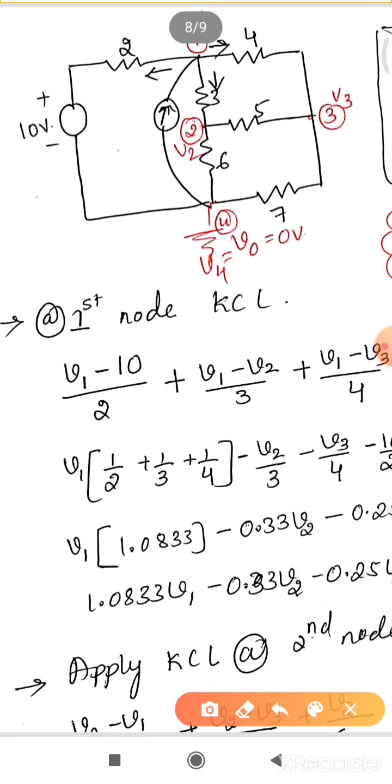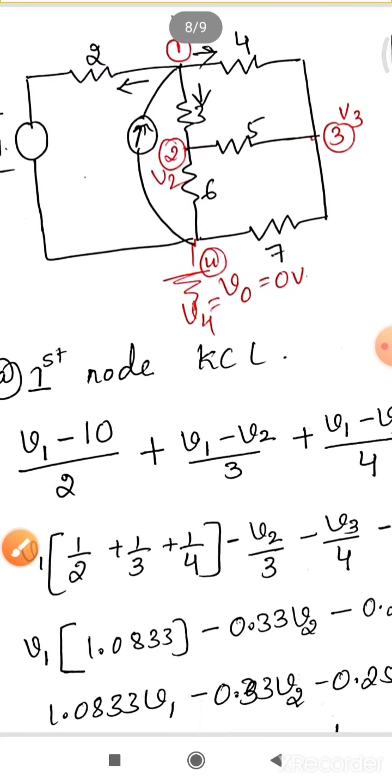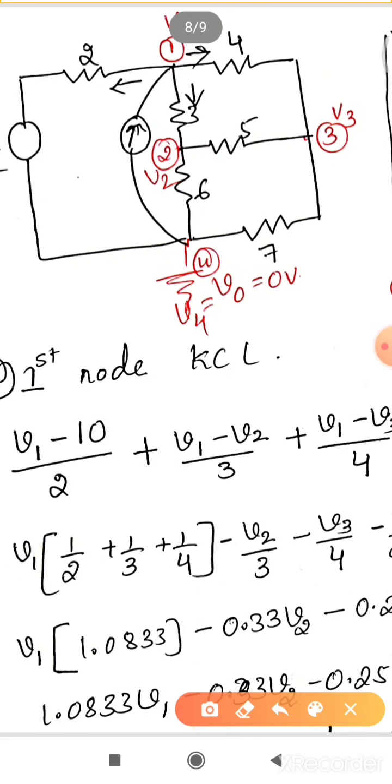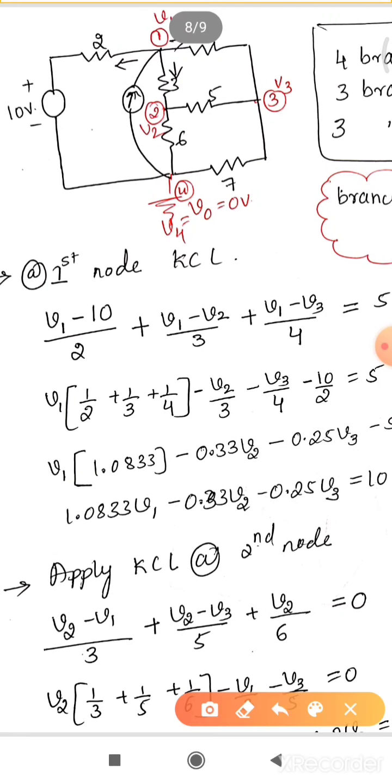Next, we'll apply KCL. Once you start applying KCL, as you know, there are 4 factors, 4 branches: first, second, third, and fourth. Now apply KCL at V1, or at the first node.